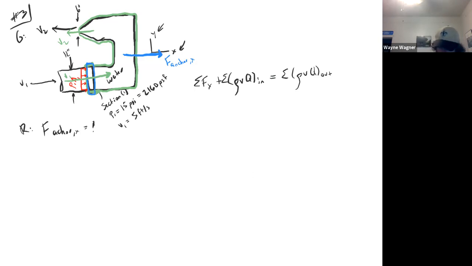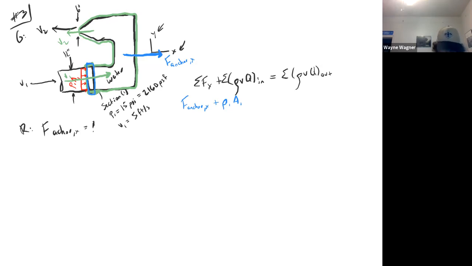Okay, so the forces in the X direction, we've got F anchor in the X, plus P1A1, that's in the positive X direction. And is that all the forces? Yeah, it's pretty easy. There's no P2A2 because that's going out into the atmosphere.